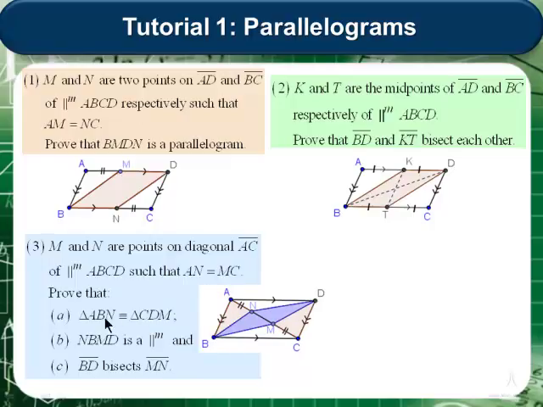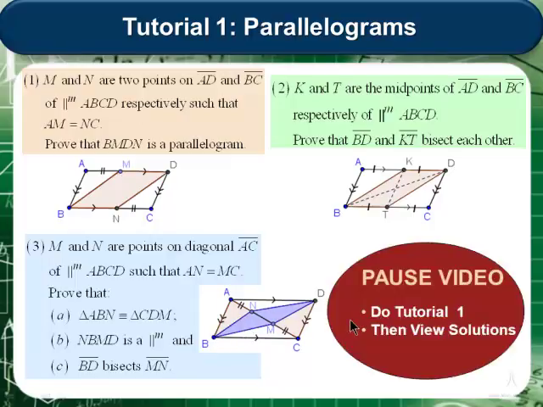So now you've got to prove firstly that triangle ABN is congruent to triangle CDM, that NBMD is a parallelogram, and furthermore that BD bisects MN. I suggest that you pause the video, do tutorial 1, and then come back and view possible solutions.